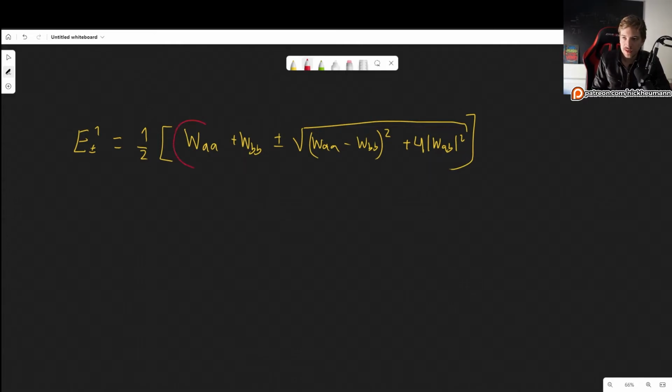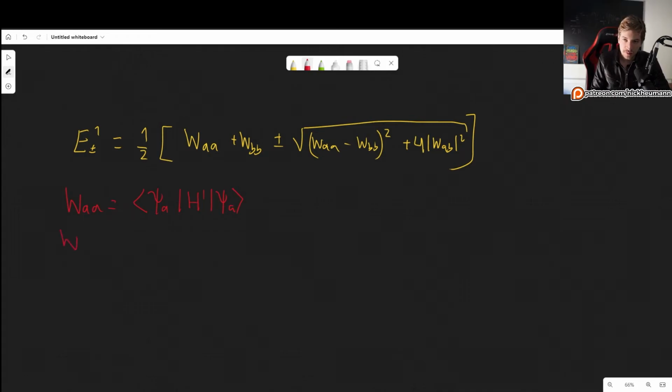So what is WAA? As a reminder, WAA we had defined as some wave function that we called psi A, in this sandwich with our perturbation Hamiltonian. So the question here is, what will we define as psi A and psi B?